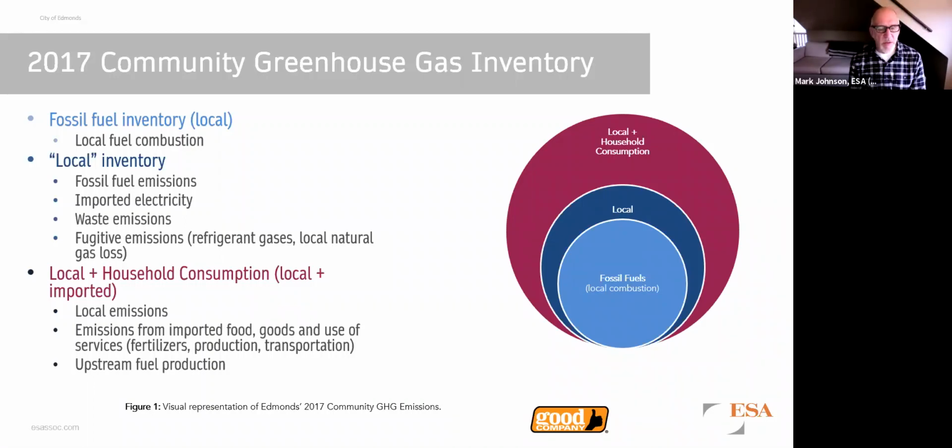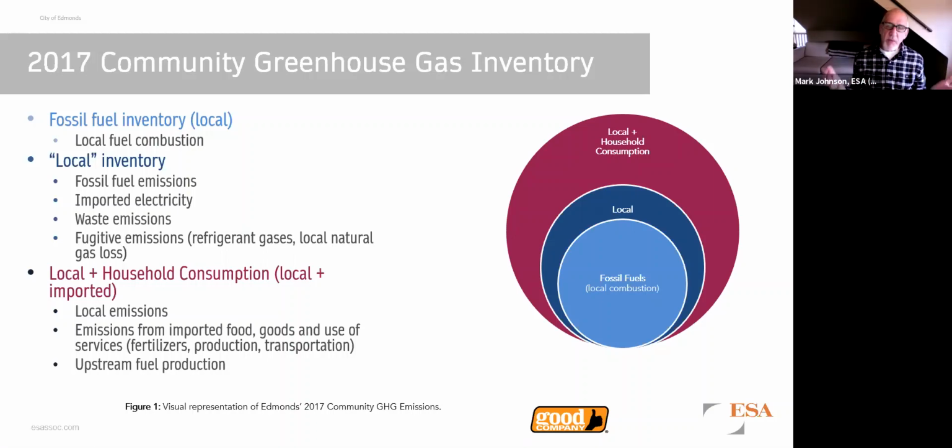I'm going to give you a little bit of framing around what we're looking at this evening and the input that we're trying to get from you. First of all, we did an inventory that looked at the greenhouse gases that are produced locally, and include in that the greenhouse gases that are part of the imported electricity that's used in the community.